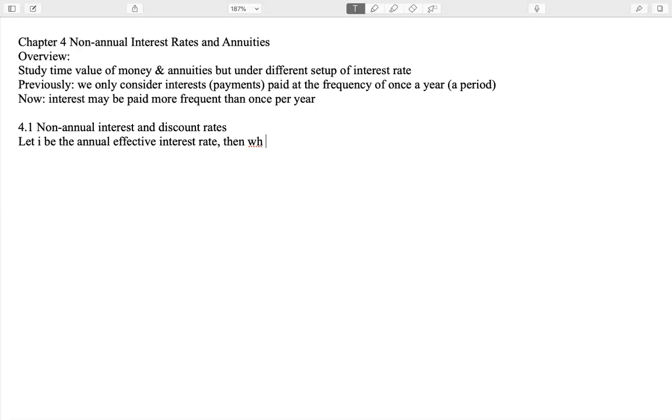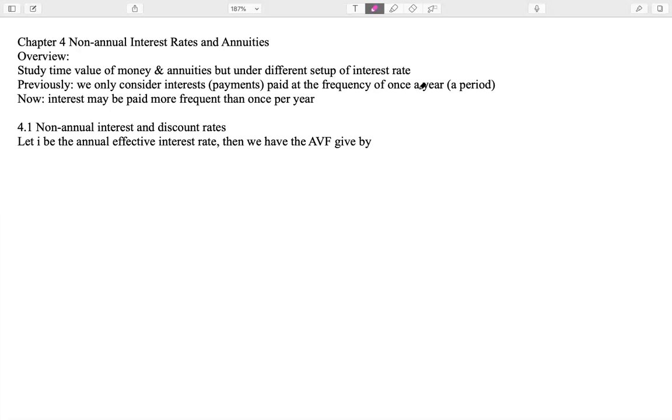Then we have the AVF given by, so let me switch to writing. In this case, we already know the accumulated value factor at time t will be given by (1+i)^t. Of course, here I assume compound interest.